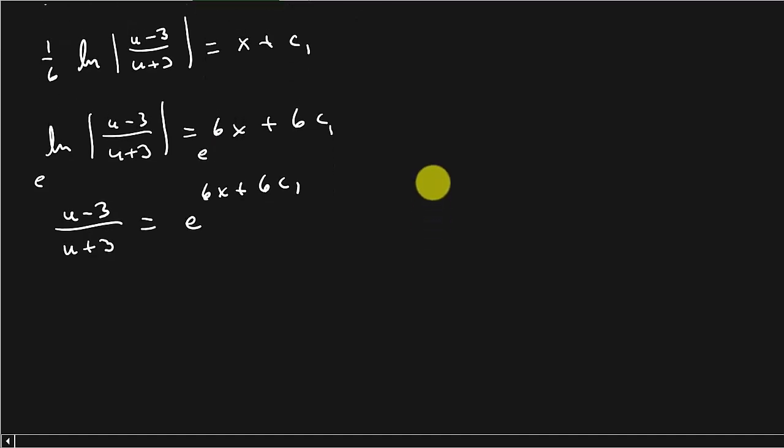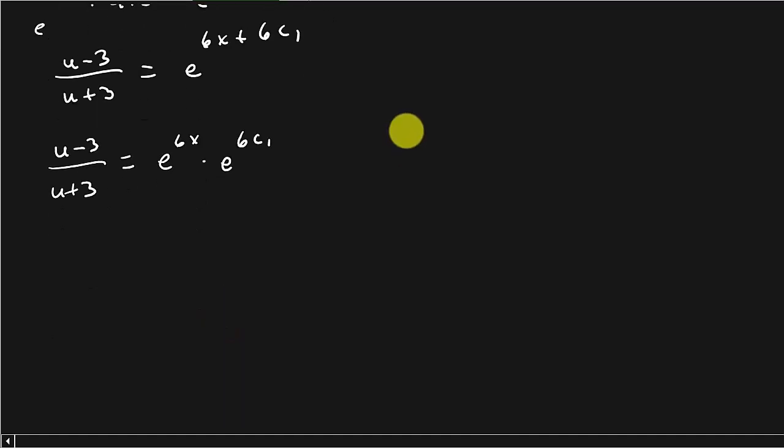And so now I've got u minus 3 over u plus 3 is equal to e to the 6x times e to the 6c1. And so u minus 3 over u plus 3 is equal to c e to the 6x. And so what I did here is I said, okay, c is equal to 6c1.